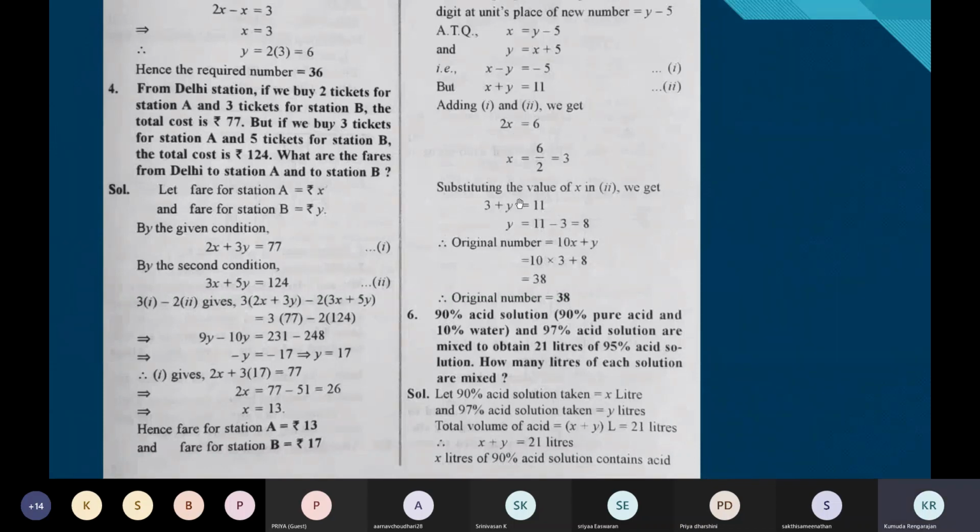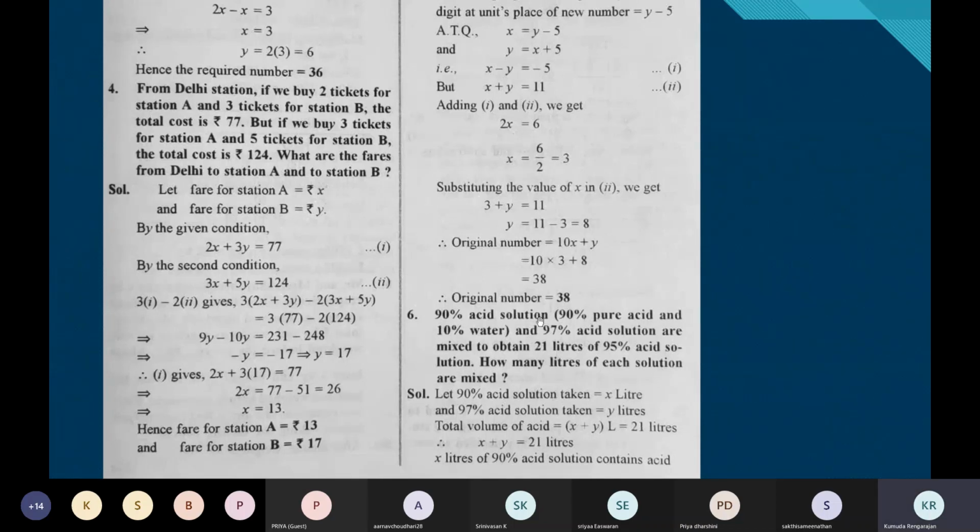The first solution is 90% acid, the second is 97% acid. Let X liters of the first solution and Y liters of the second solution be mixed to get this new solution, whose total capacity is 21 liters and which is 95% acid solution.